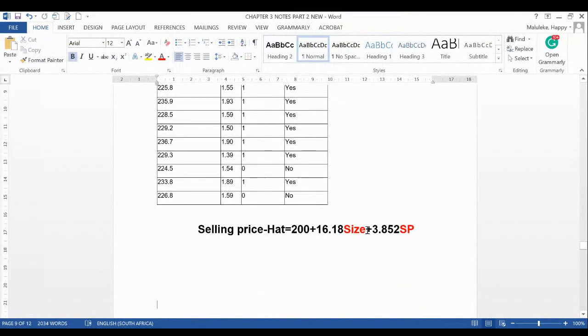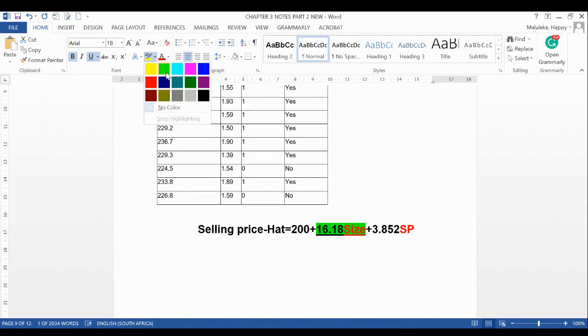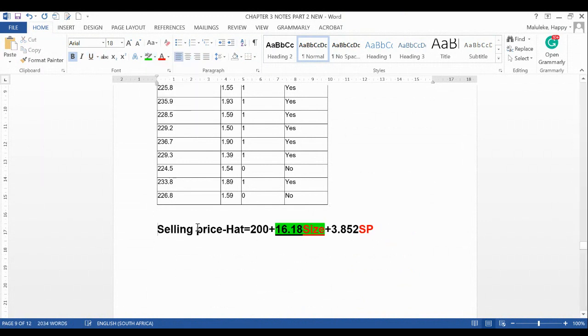Malepe, can you please help me to interpret the size, this part? The size, please. Let's talk about the size now. How do we interpret this beta? Malepe here.